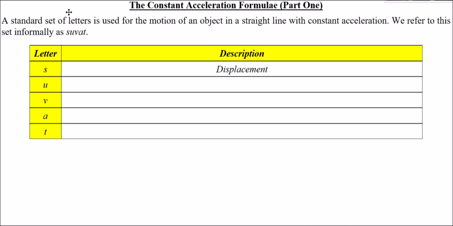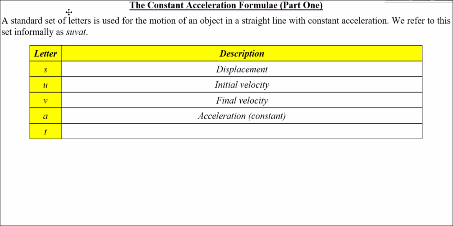U, again, might not be too obvious. U stands for the initial velocity. V stands for the final velocity. So just think of U as being one letter before V. So U is what it started at, V is where it's ended up at in terms of velocity. A is the acceleration, and I'm putting in brackets modelled as constant.